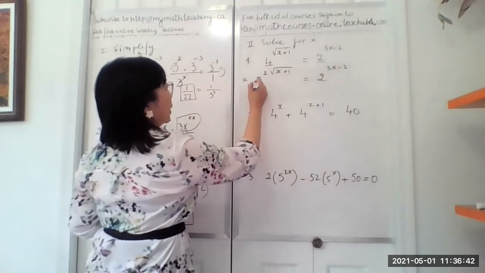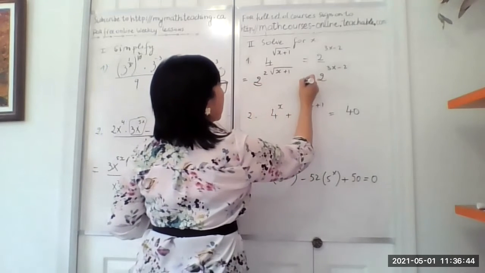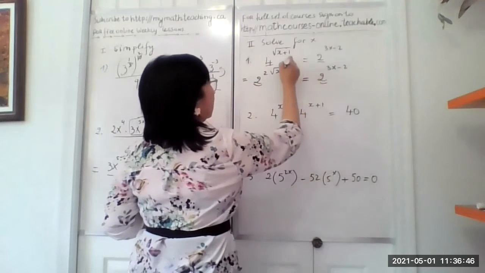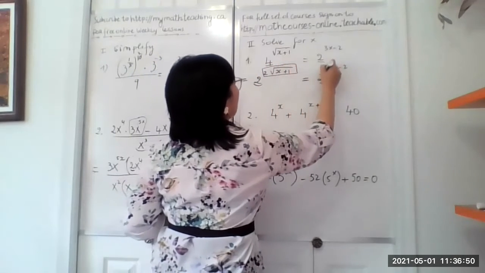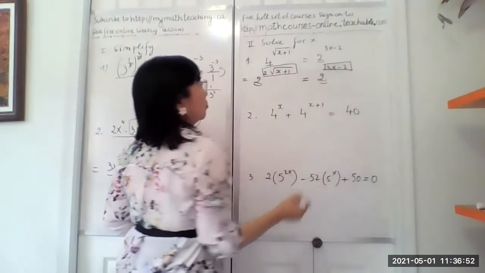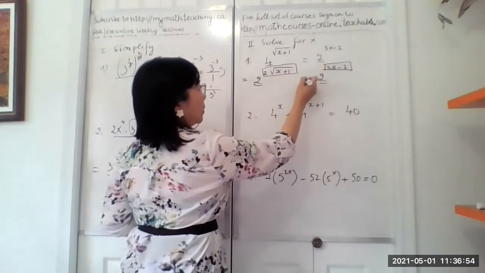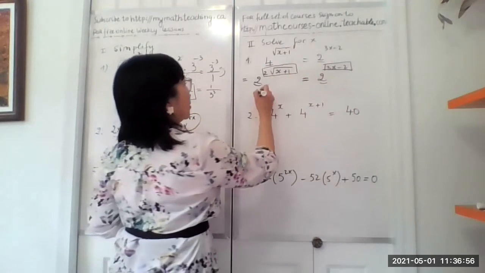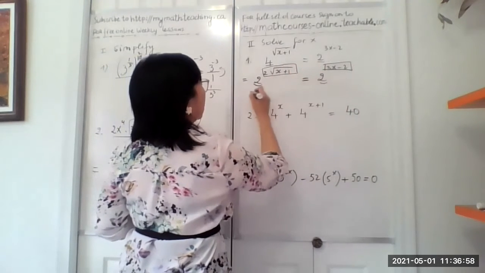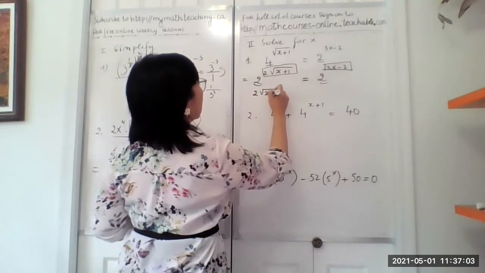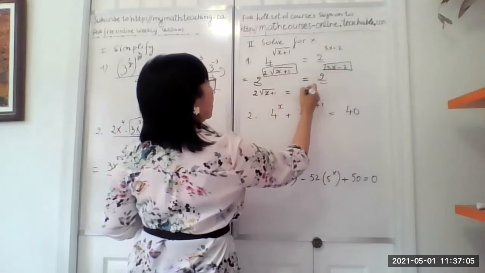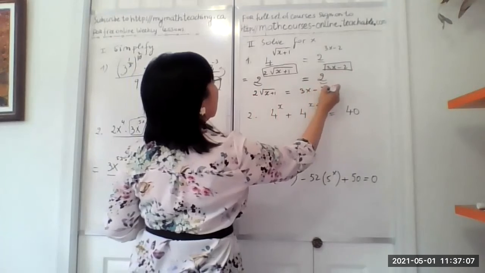So at this point, I have the same base, left side equal right side. It means I can pair the top equal the top, no problem, because they have to be equal to make this equal, right? So I'm going to ignore the base 2. We'll say 2 square root x plus 1 will be equal 3x minus 2.